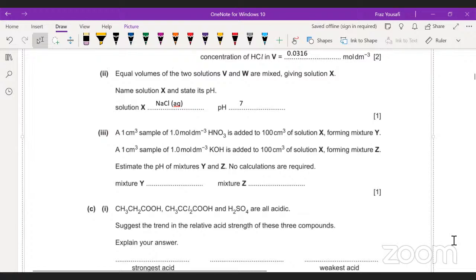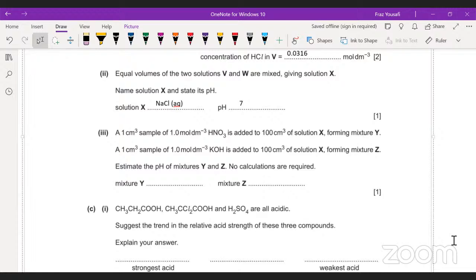Now, the next part says that if a 1 centimeter cube sample of 1 mole per dm cube nitric acid is added to 100 centimeters cubed of solution X forming mixture Y, and then in a 1 centimeter cube sample, you're adding 1 mole per dm cube KOH to 100 centimeters cubed of solution X forming a mixture Z, they would want to know what your pH values would end up becoming. Now, in terms of understanding, here's what you've done.